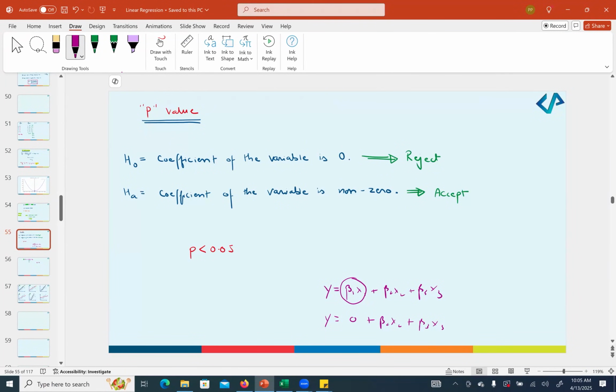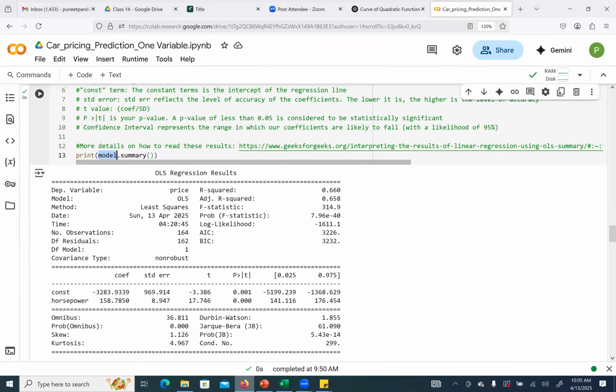Can you please show that other slide? Not the slide, that code. Here, if horsepower p-value is coming as 0.000, what are we interpreting from this? Are we rejecting this horsepower? No, here the p-value is less than 5%.